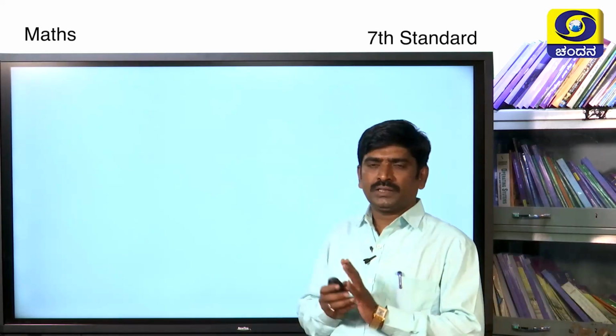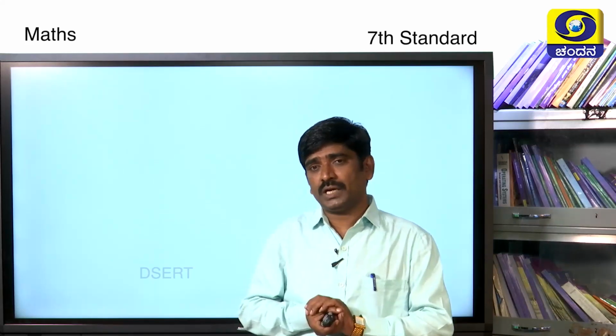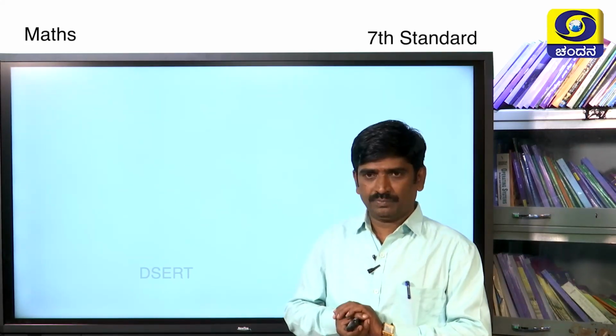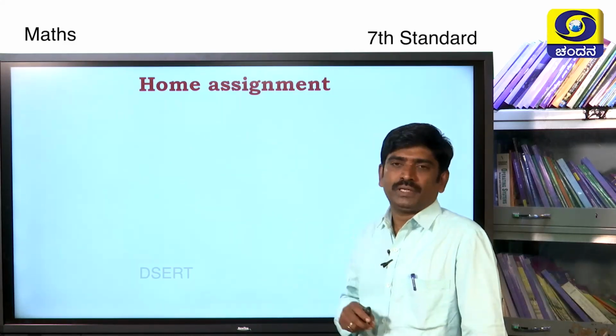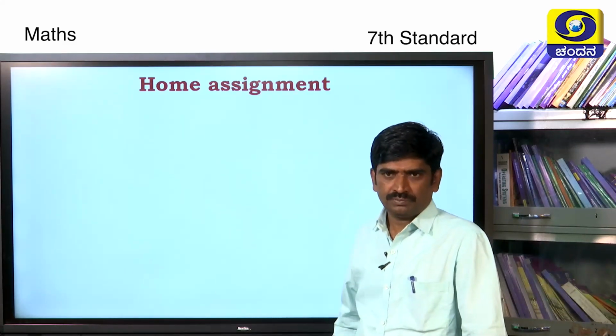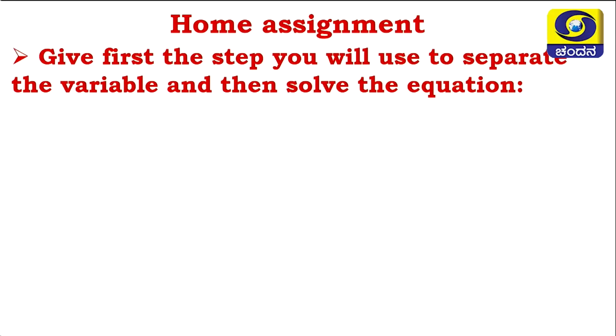Okay. I think you have learned about simple equations, how to separate the variable and how to solve them. In the home assignment, some questions are given here. You solve them and check them with your teachers or your parents. First question: give the first step you will use to separate the variable and then solve the equation.